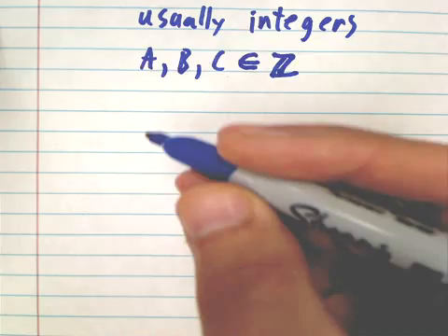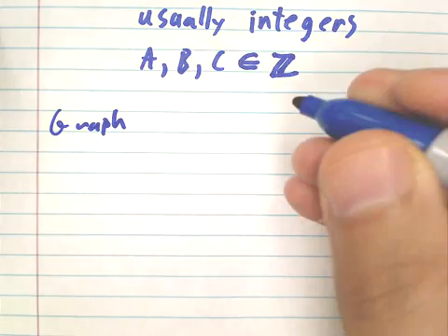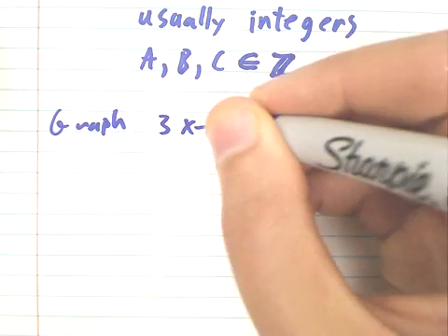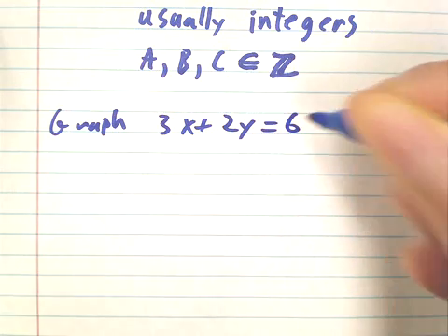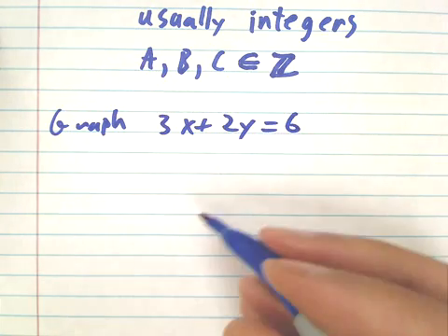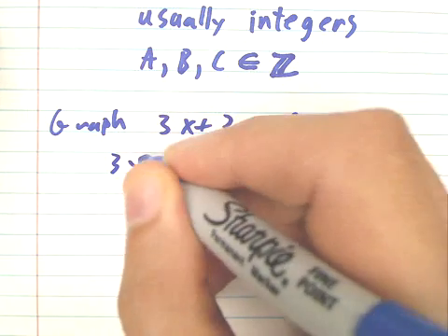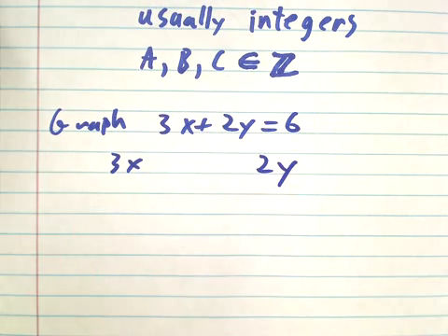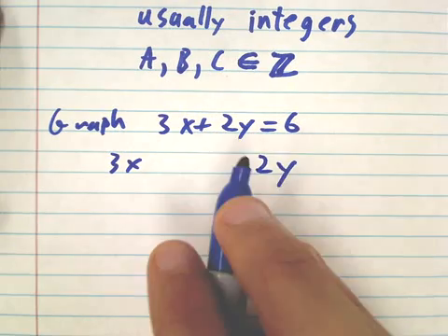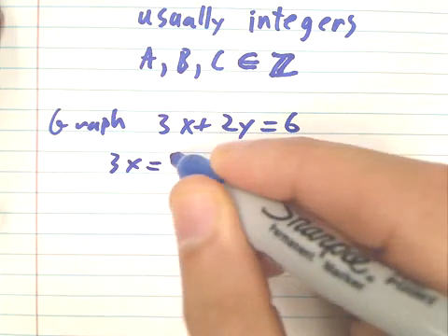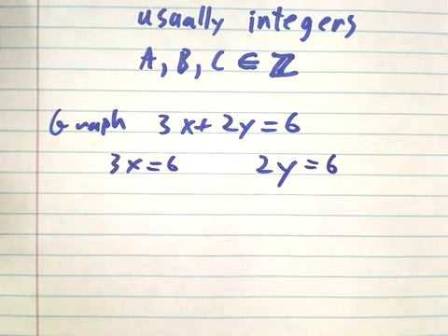Okay, let's graph. So 3x plus 2y equals 6. So you can see I put in constants for A, B, and C. And to do this, I'm going to take the 3x and the 2y and set them both aside. I'm going to say they both equal 6. What I've really done is I've put in zeros.